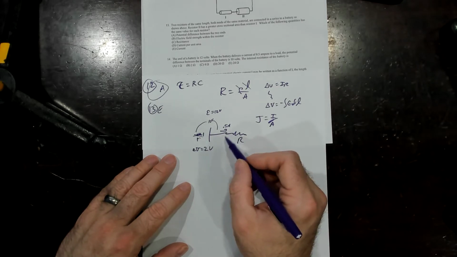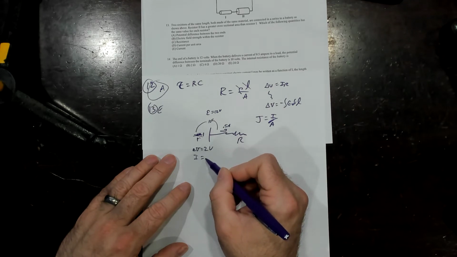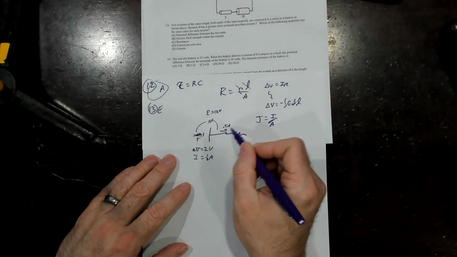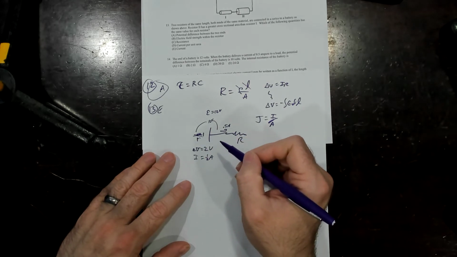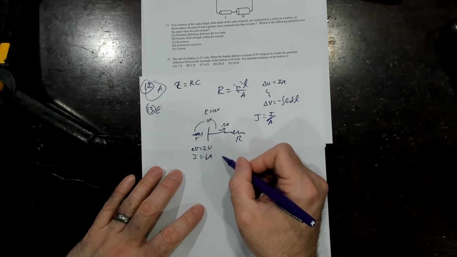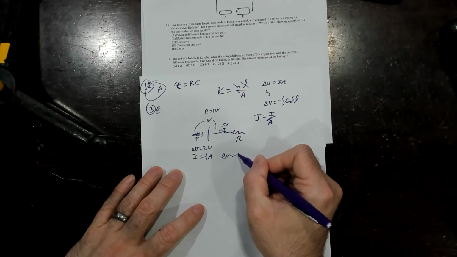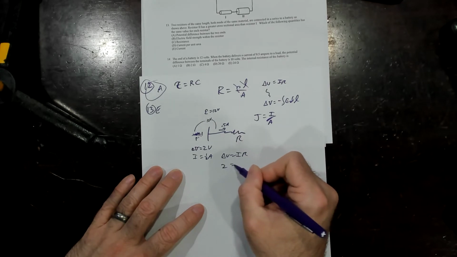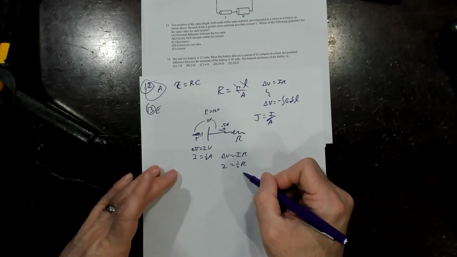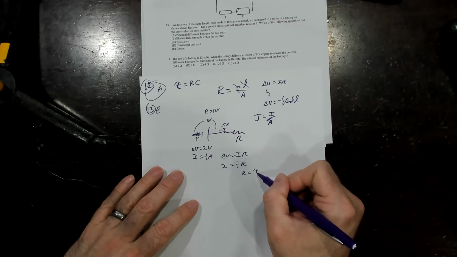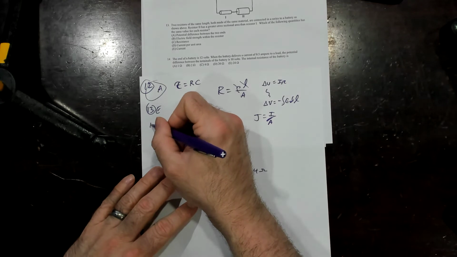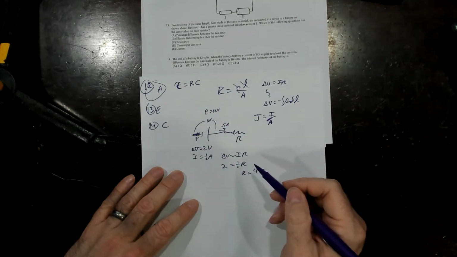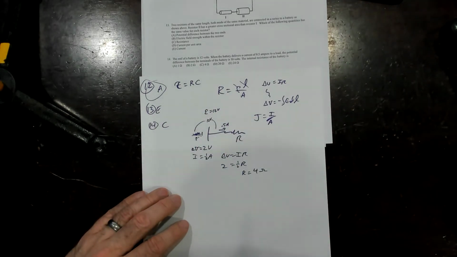The current going through is half an amp, 0.5 amps. What's that internal resistance then? Well, delta V is IR, so 2 is a half times R. R had better be 4 ohms. So that internal resistance is 4 ohms. That is choice C.